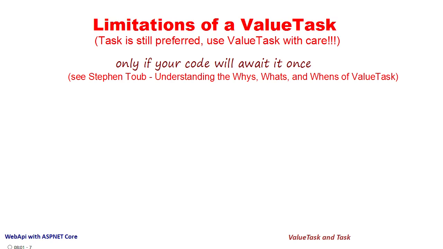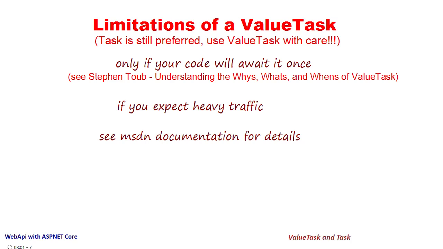So if your code has only one await, then you can use ValueTask, and especially use ValueTask if you expect heavy traffic on a function that returns a Task. Now in most of our ASP.NET Core code, a ValueTask is likely to be useful. And for more detail, please do refer to the MSDN documentation.